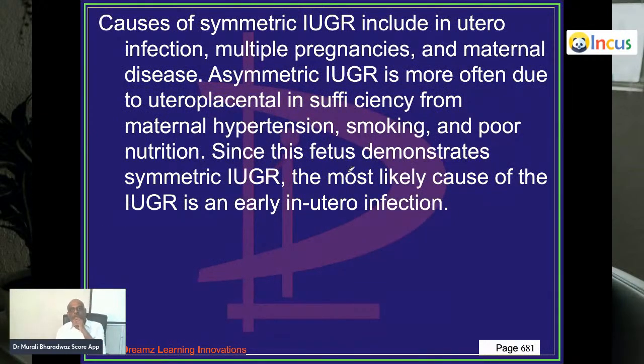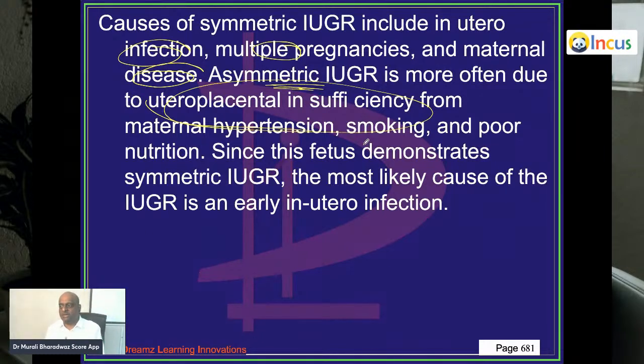So IUGR, intrauterine growth retardation, can occur because of in utero infection, multiple pregnancies, maternal disease. They're all causes for symmetrical IUGR. Asymmetrical IUGR is commonly due to uteroplacental insufficiency due to maternal hypertension, smoking, poor nutrition.